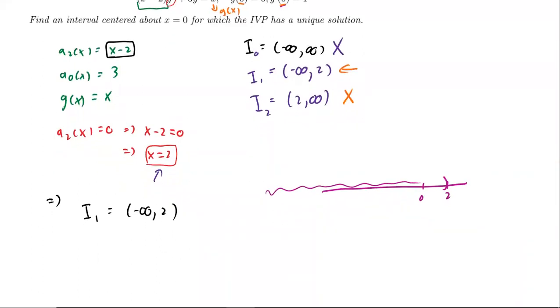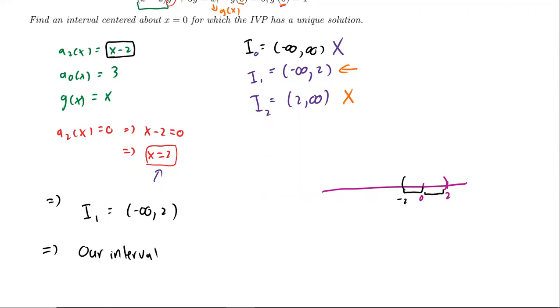What is that going to be? Well, the furthest away we can move to the right of 0 is 2. So if we want the interval to be centered at x equals 0, the furthest away we can move to the left of 0 is 2 as well, by 2 units. So we would go all the way to negative 2.